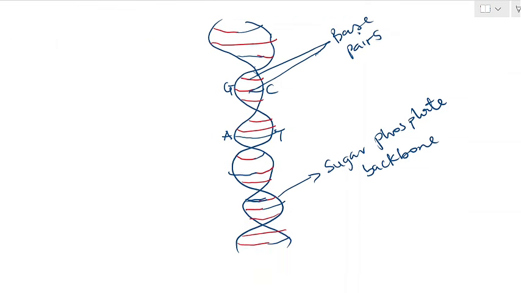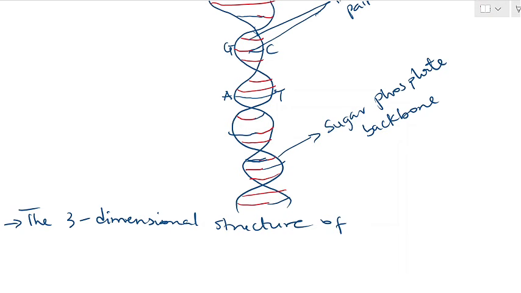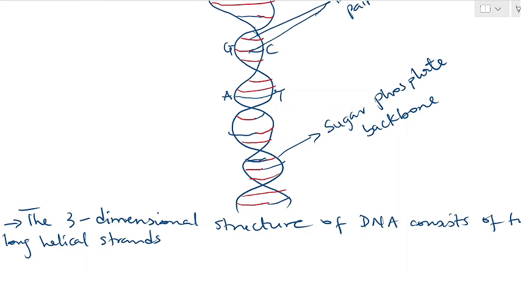So this is basically it, and we could take down the following: that the three-dimensional structure of DNA consists of two long helical strands that are coiled around a common axis.